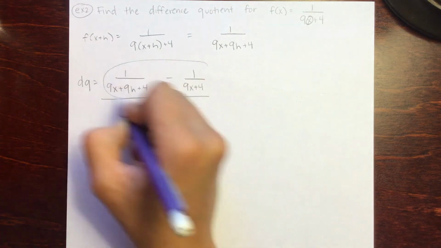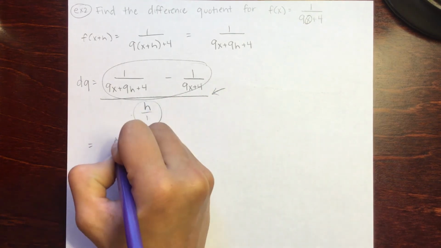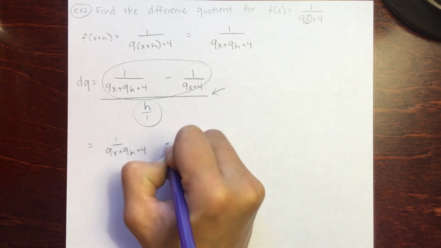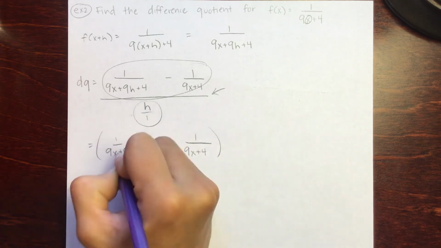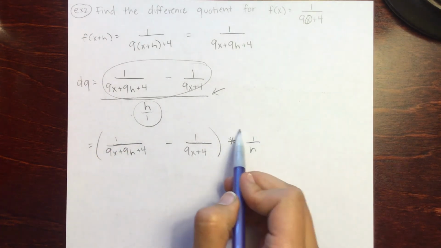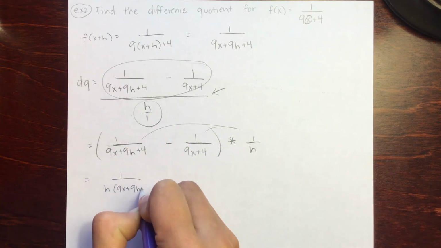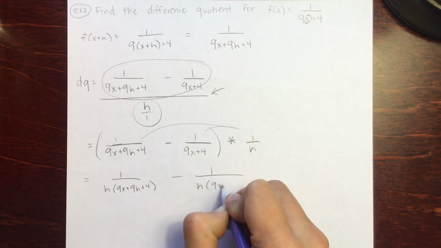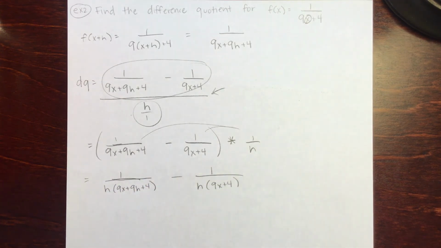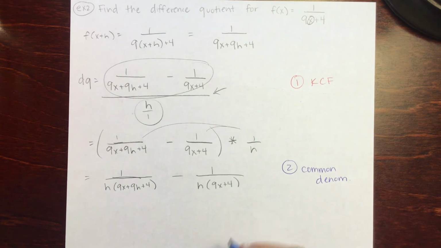So keep, change, flip. Distribute. And now find a common denominator.